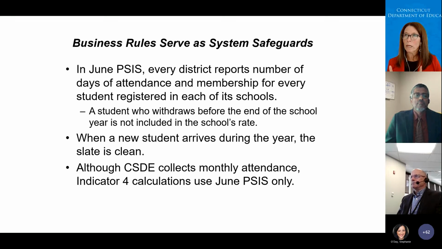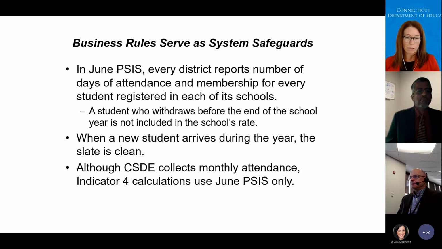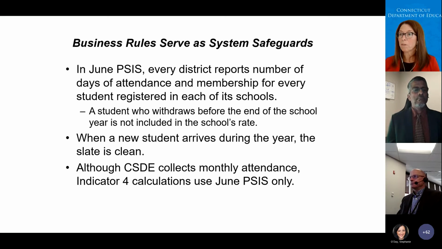Another important point that surprises a lot of people is that when a student moves in the middle of the school year, say they arrive in a school in December, and you look at their records, you're like, oh my gosh, the student's been chronically absent, this is a problem. It's not that it isn't a problem, but those data do not impact that receiving school because we're going to be calculating chronic absenteeism based on the number of days of membership in your school.